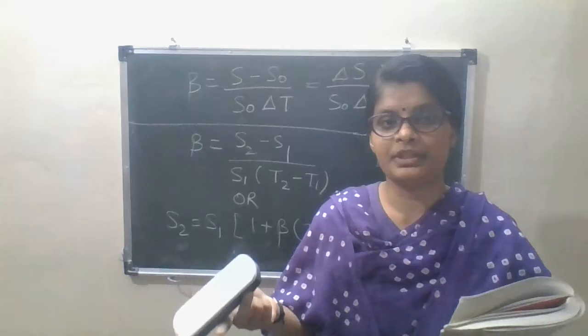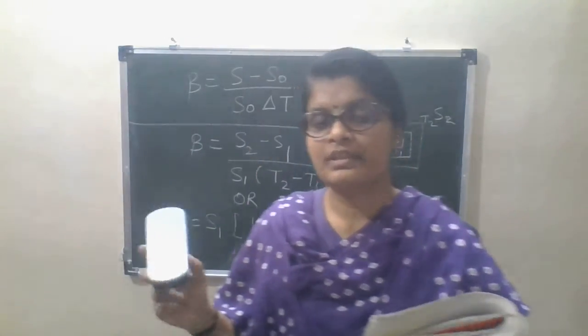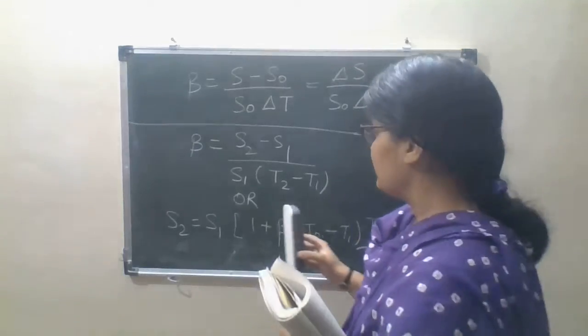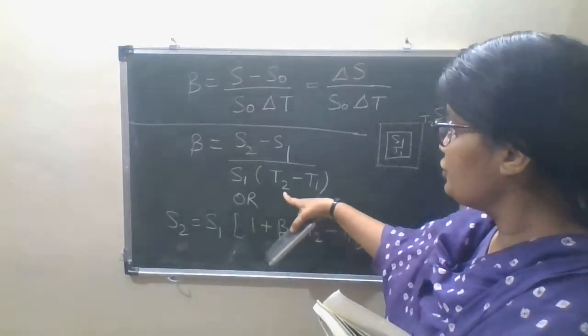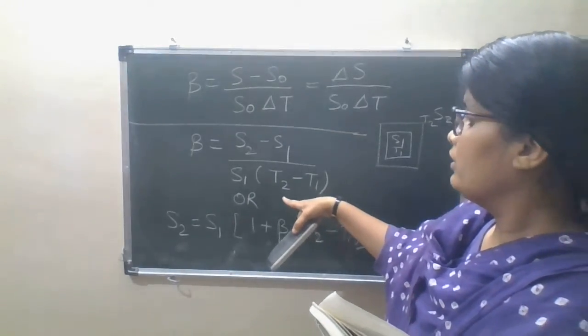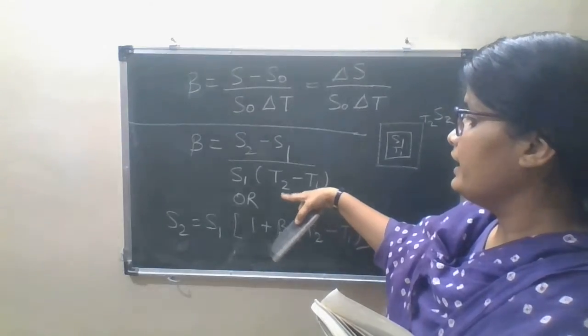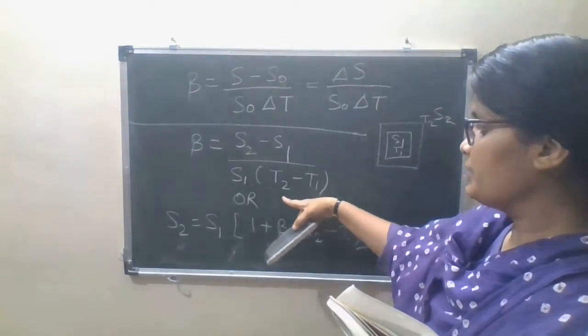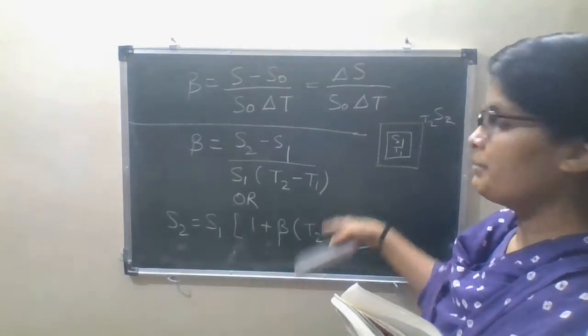The SI unit for beta was the same, Kelvin inverse. But here a slight difference is there: two terms came for the temperature, T2 and T1. T2 is the temperature of the final area formed due to the thermal expansion, and T1 was the initial surface temperature.